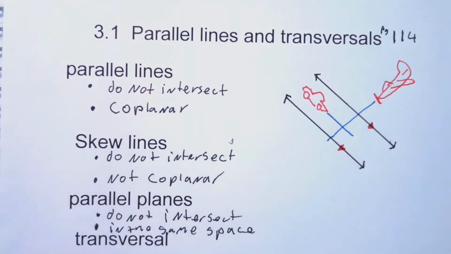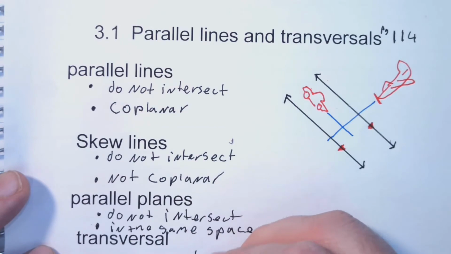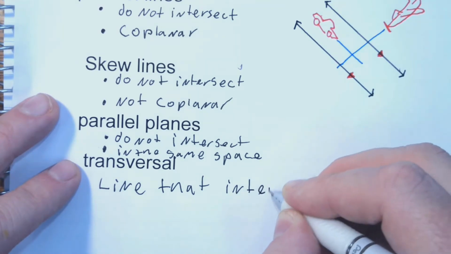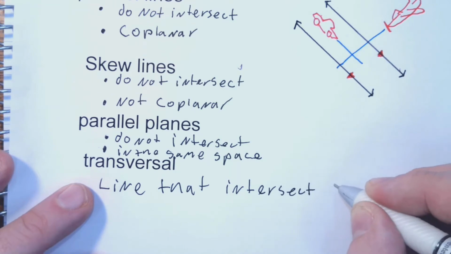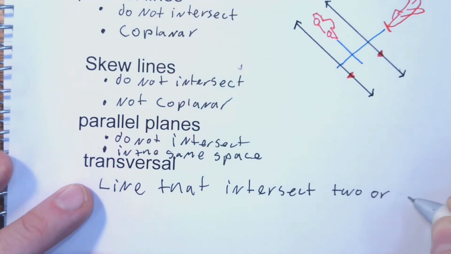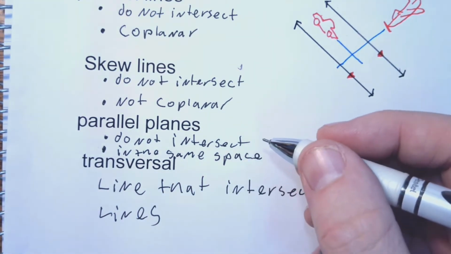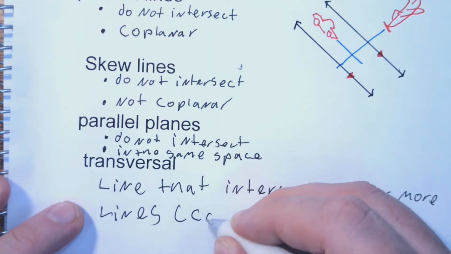Transversal. Transversal, if you're actually looking in your book, is on page 116. A transversal is a line that intersects two or more lines that are coplanar.